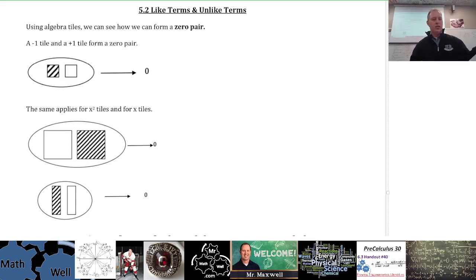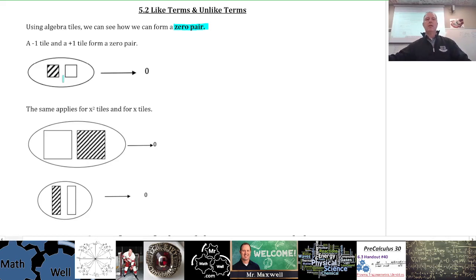If you have your notes package in front of you, we're going to start filling out some blanks and doing some examples. So using algebra tiles, we can see how we can form something called a zero pair, all right? A zero pair is a pair of algebra tiles that, when combined together, give you 0. They exactly cancel each other out, okay?